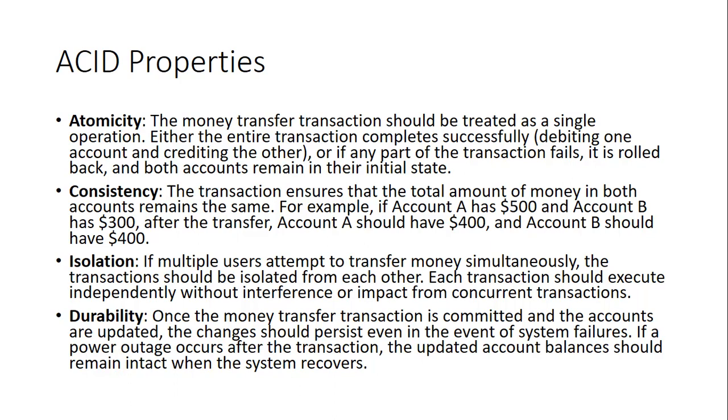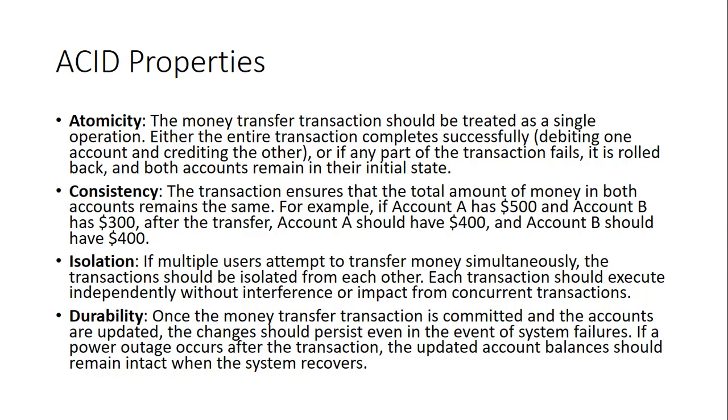Data should not be lost, and the completed transaction should stay in the completed state. If the transaction was happening during the power failure, it should revert back to the previous states of account A and account B respectively. Any changes that were saved or persisted should be reflected back despite network or system failures. It should not undo what was done previously. Okay, so that is durability.